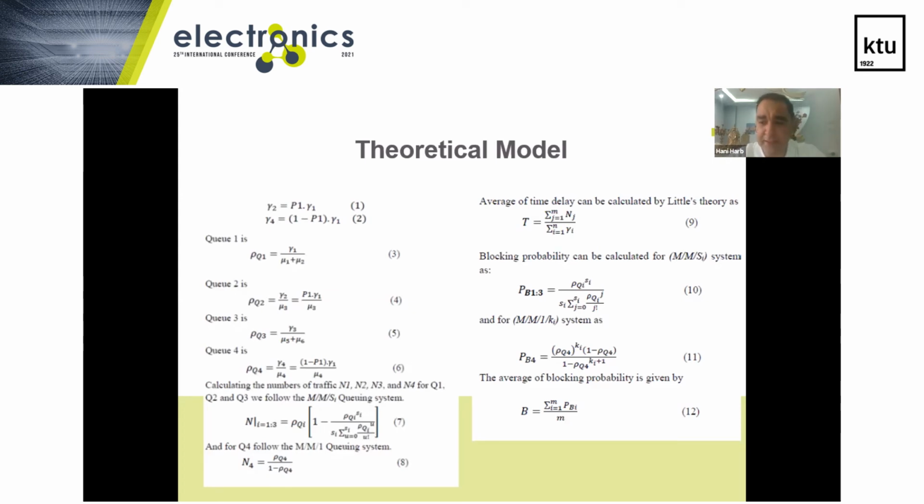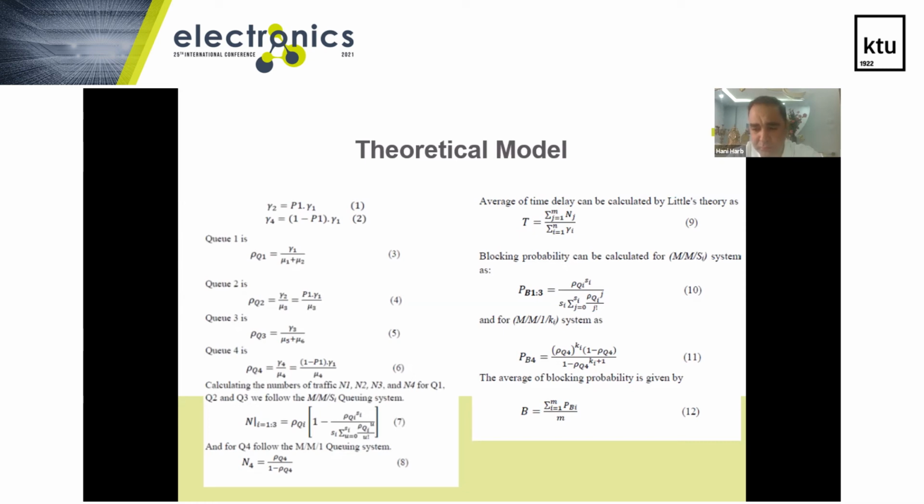We suppose, based on the mean arrival time at the incoming DMUX, we build our calculation. We calculate the mean arrival time in each component, and also the mean service time and the mean service rate for each component.